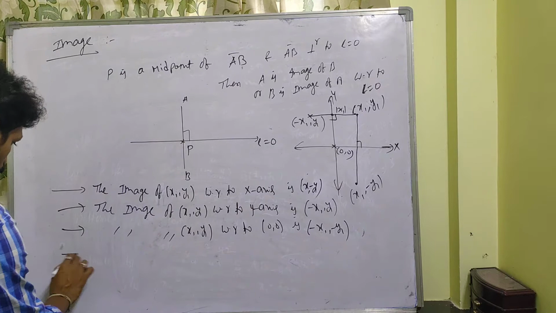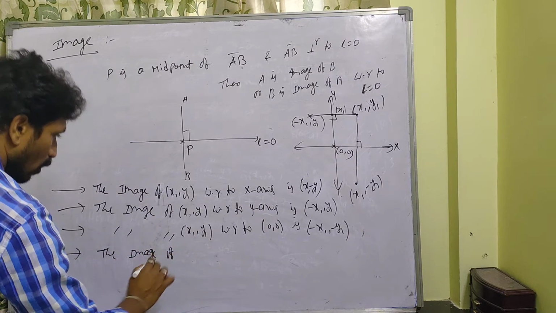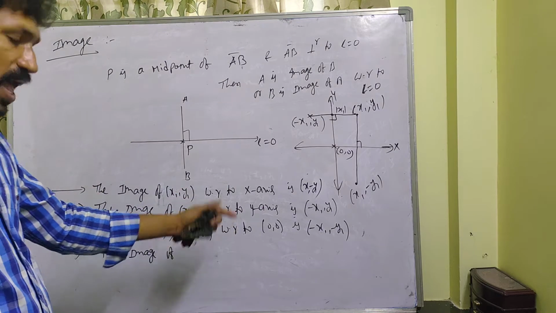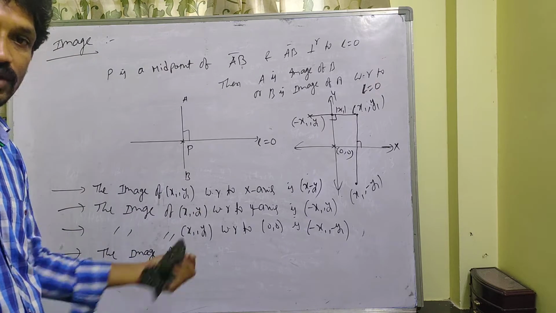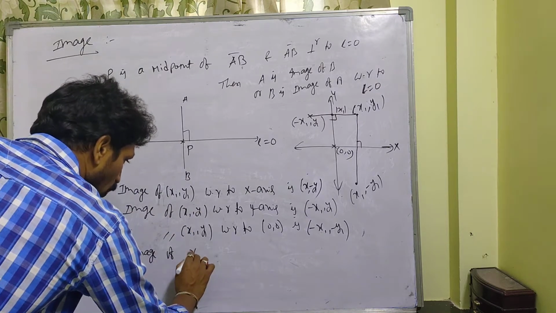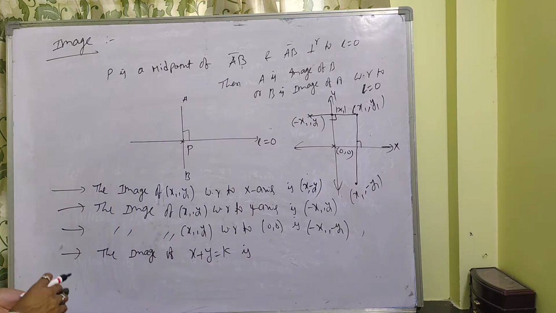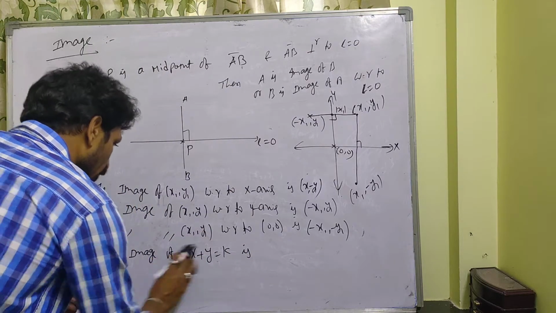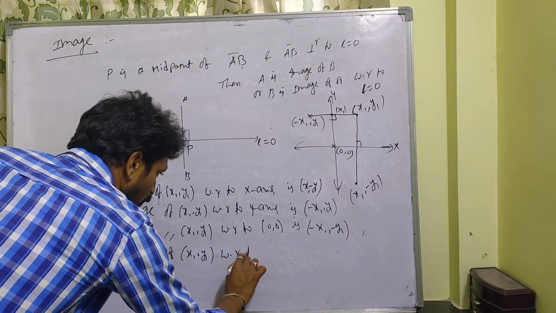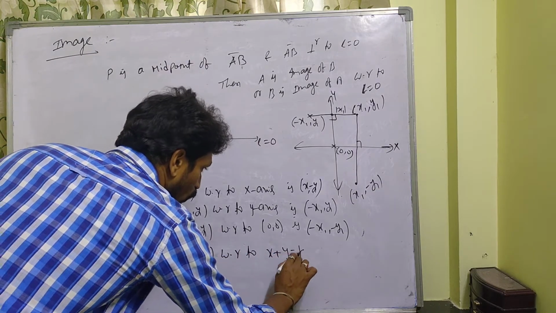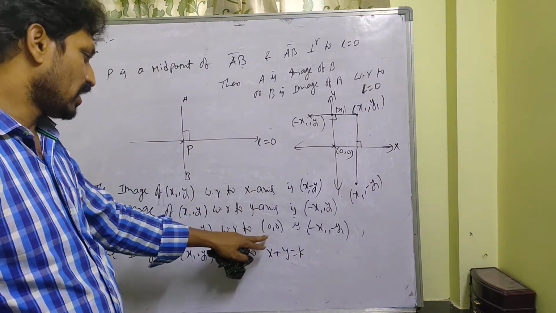Okay. Next one, the image of x plus y is equal to k. First you take x plus y is equal to k. The image of x plus y is equal to k means, one thing you remember: the image of x1 comma y1 with respect to x plus y is equal to k. Here we considered with respect to x-axis, y-axis, origin.